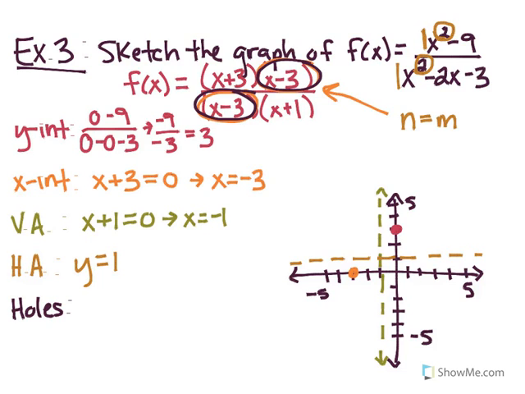But what we do for holes is the parts that they have repeated, we do set that equal to 0. So this is the repeated part. I set that equal to 0, and I get x equals positive 3. So at this x value that we have, we're going to have an open hole. Just like when we have inequalities where a value is excluded and we make an open circle, it's going to be the same thing here.